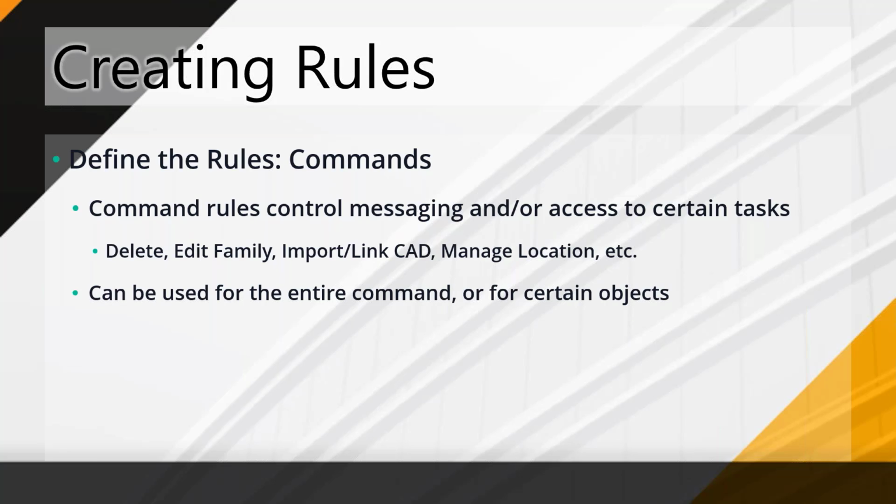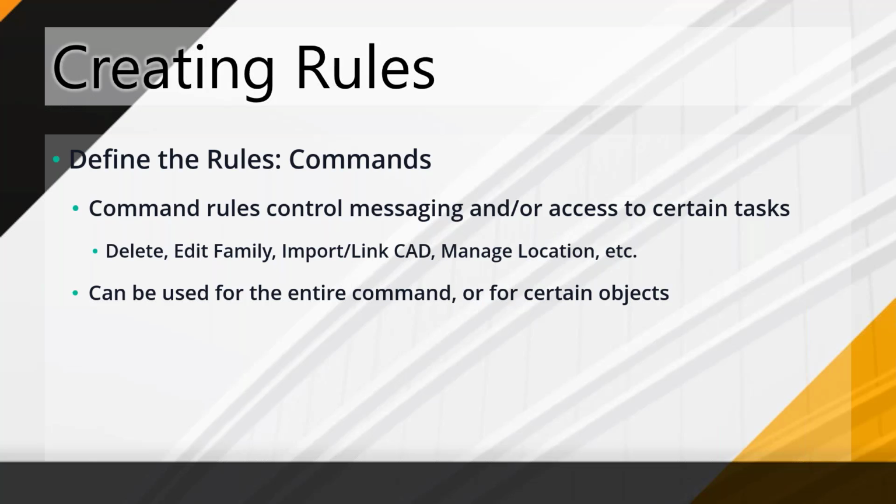With the command-based rules, you can either do it to the entire command. So anytime the delete button gets hit, you get the message. Or anytime you hit edit family, regardless of what it is, you get the message.